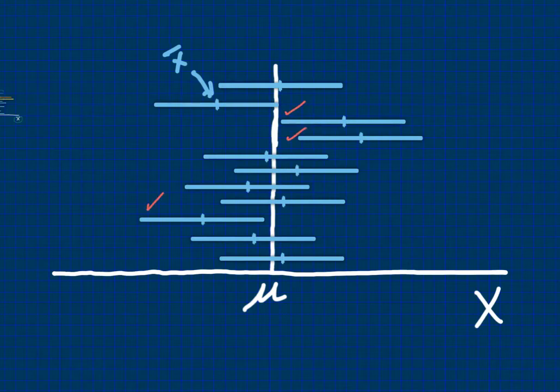So if we decrease the margin of error, we cannot be as confident that we are actually going to capture the mean within our margin of error. So that is the trade-off. If you want to be very, very confident that you have captured the mean within your margin of error, then you have to have a large margin of error. If you are okay with less confidence that you have captured the mean, then you can have a smaller margin of error.